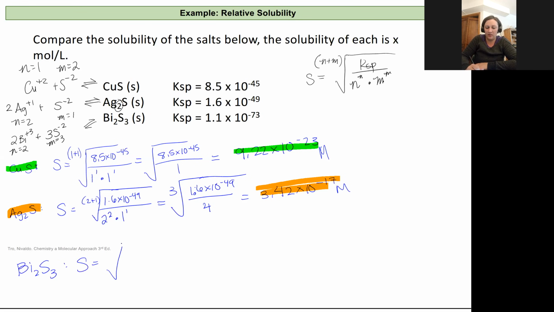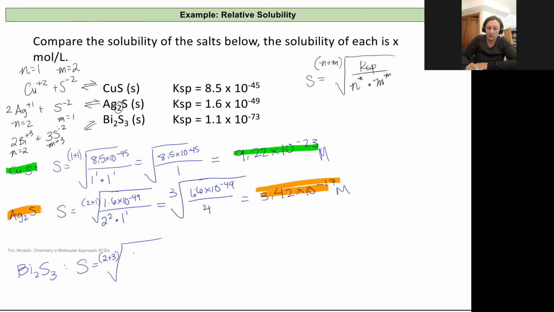The root will be 2 plus 3, so the 5th root. My solubility product is 1.1 times 10 to the negative 73, so very small. I'm going to divide that by 2 squared times 3 cubed. So this is going to look like the 5th root of my Ksp divided by 4 times 27.